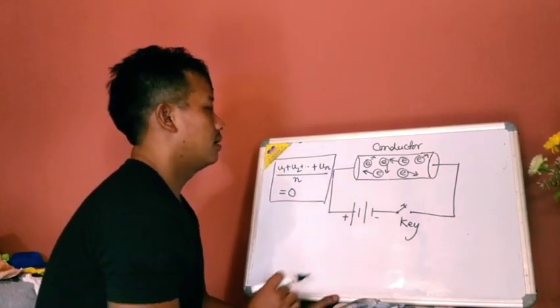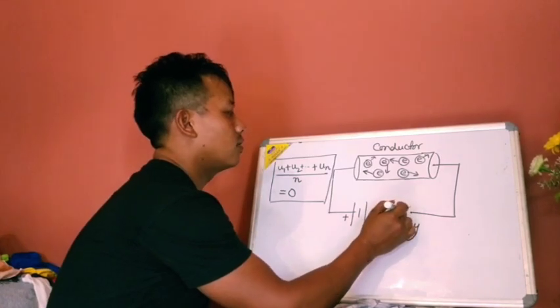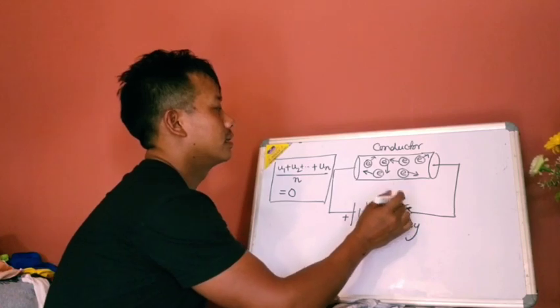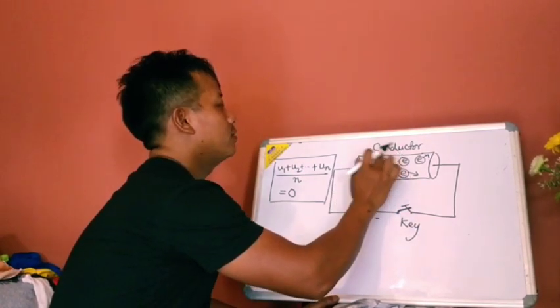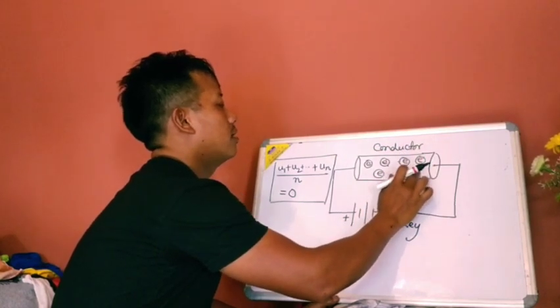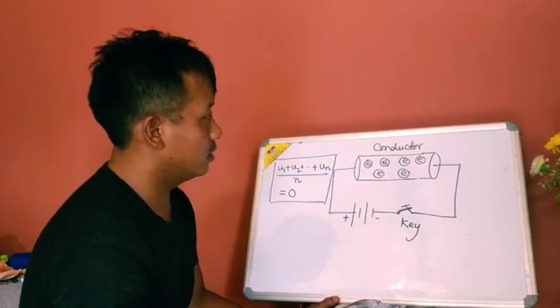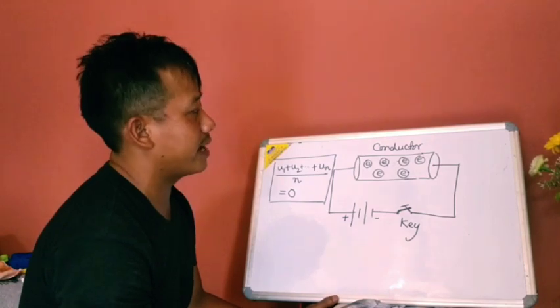However, when the key is closed, let us think what might happen to the electrons. Electrons, as you know, are negatively charged particles. So these electrons will be repelled from the negative end.